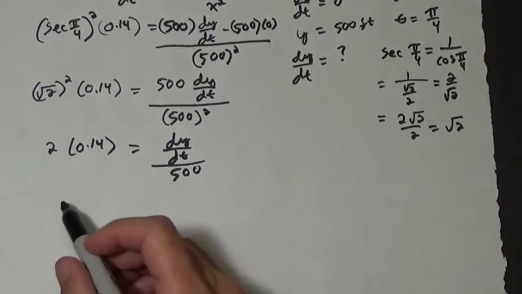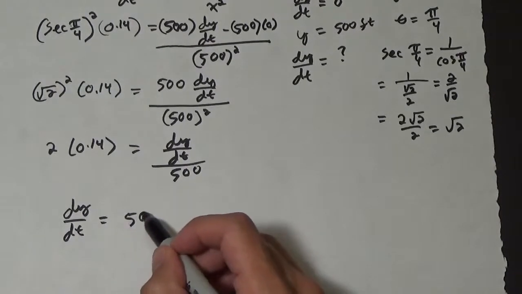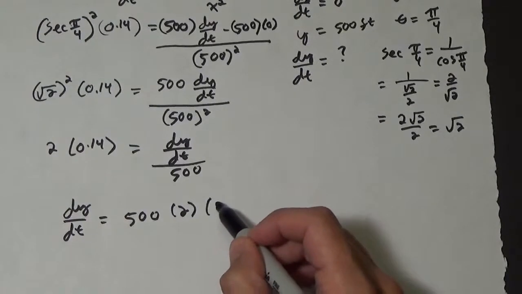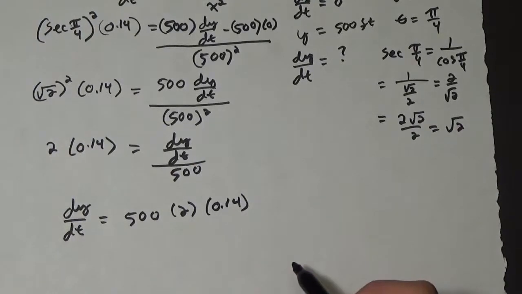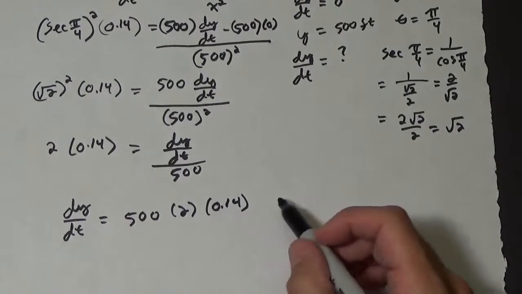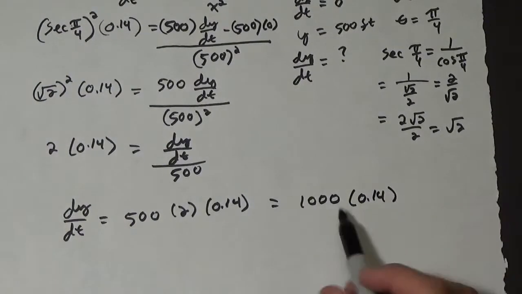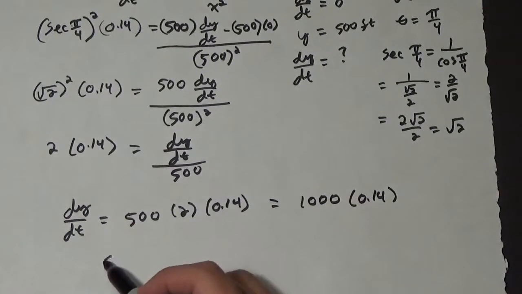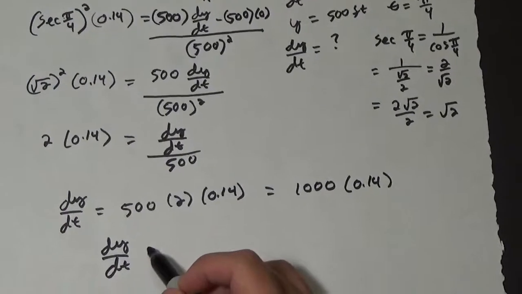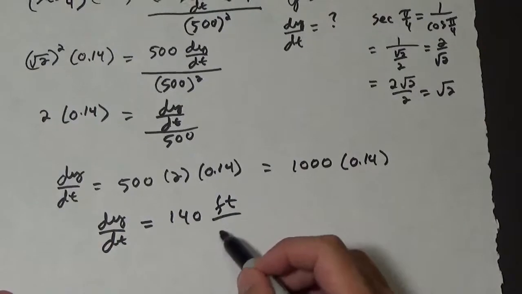Multiply each side by 500, and we end up with dy/dt equals 500 times 2 times 0.14. 500 times 2 is 1,000 times 0.14, and I'll move the decimal point 3 places, so we end up with dy/dt equal to 140 feet per minute.